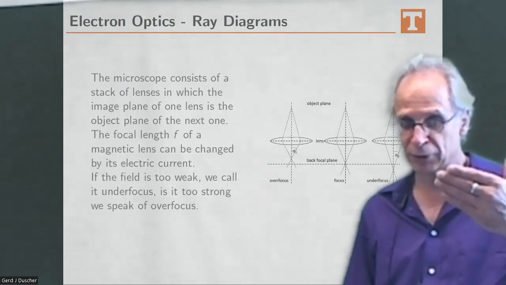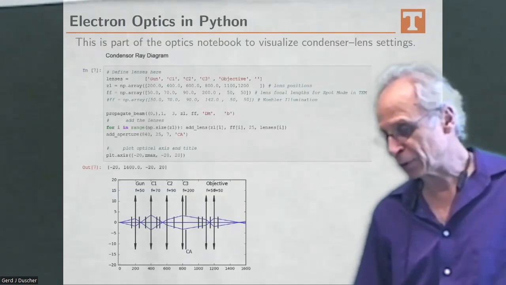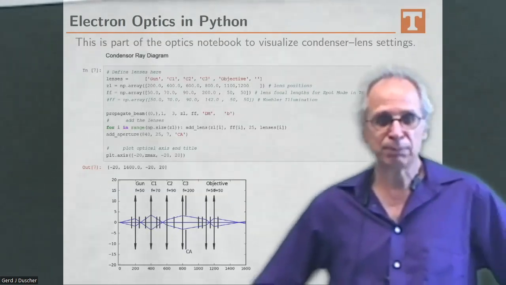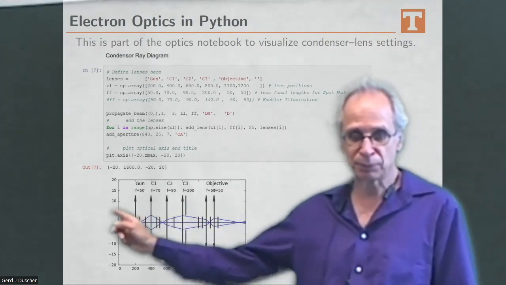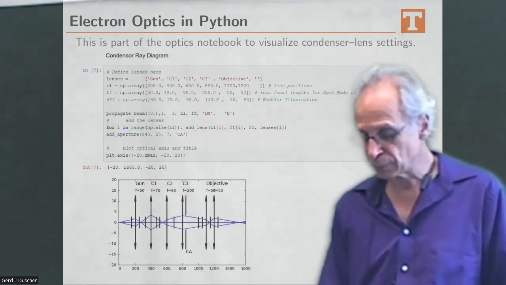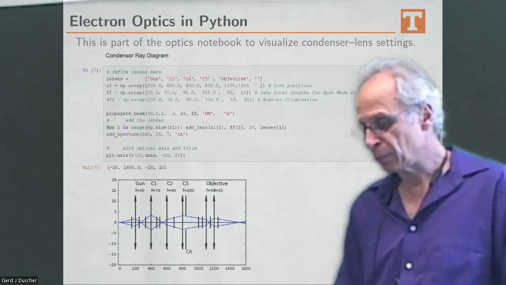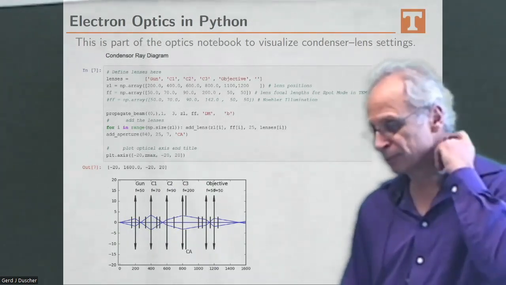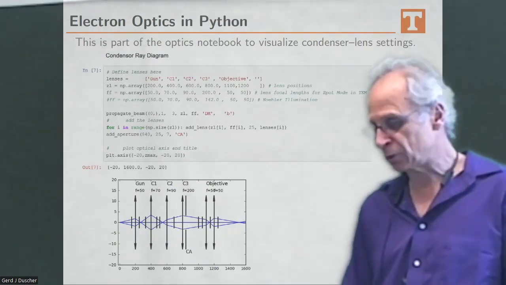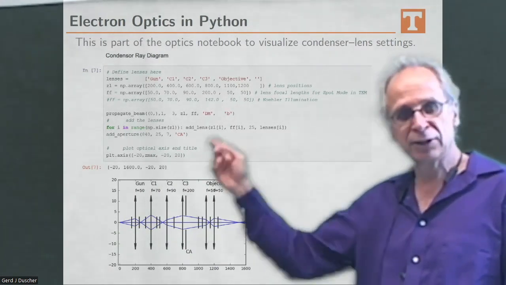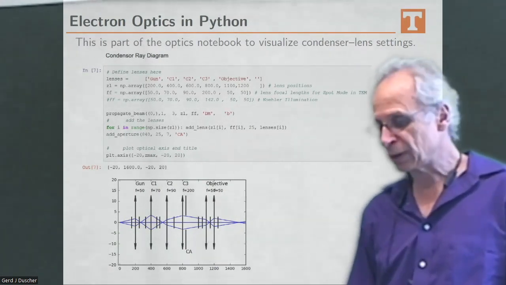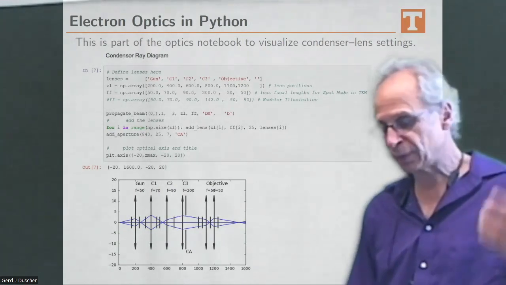So I told you it's vocabulary. So that can be, of course, played around with. There is a notebook in my introduction to material science. The idea is very simple, right? A lens will just make a deflection.